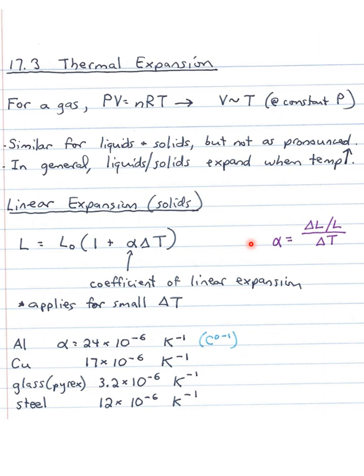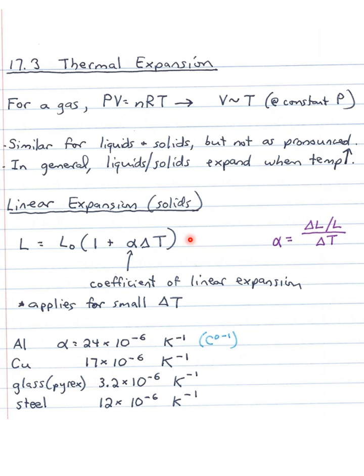That's the equation as it's given in the book, although you might find it more helpful to use a slightly different variation of that equation, the one I have here to the left, and it's this: we have an initial length and a final length. The final length, I've written it as L, the initial length as L naught. And the final length is the initial length times this thing in parentheses, 1 plus alpha, the coefficient of linear expansion, times the change in temperature.